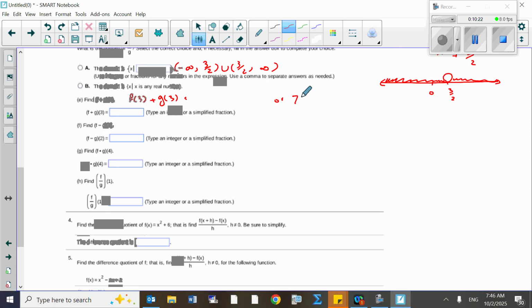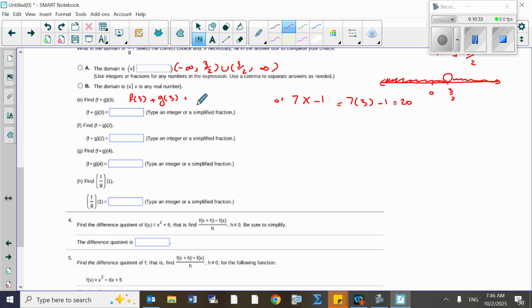So you can use either 7x minus 1. So you plug in x as 3. That's 7 times 3 minus 1. It's going to be 21 minus 1, 20. Or use this one. What is f of 3? It's 5 times 3 plus 2. And what is g of 3?